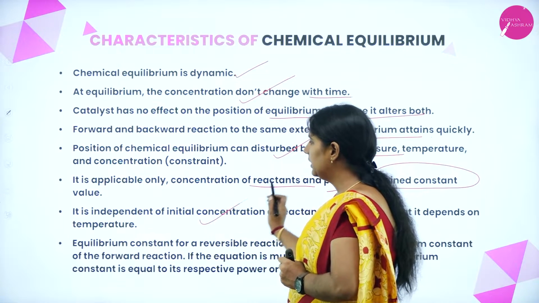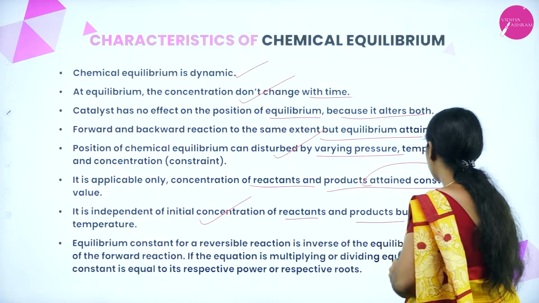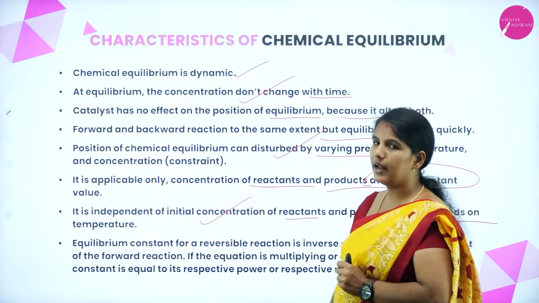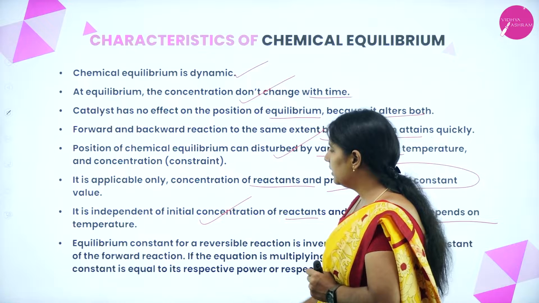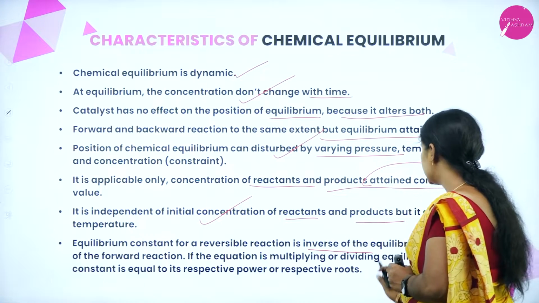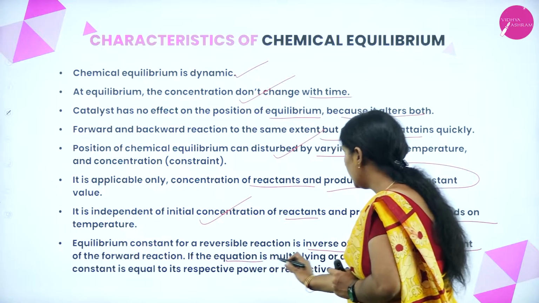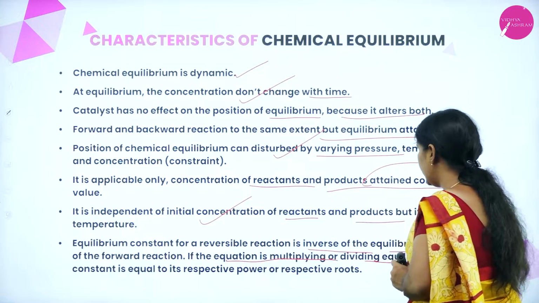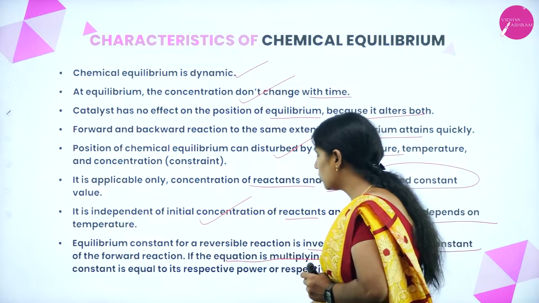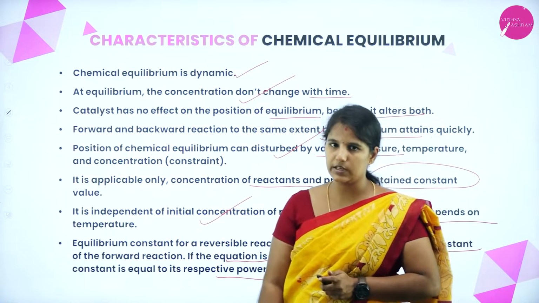The equilibrium constant is independent of the initial concentration of the reactant and the product, but it depends upon the temperature. The equilibrium constant for the reverse reaction is the inverse of the equilibrium constant of the forward reaction. If the equation is multiplied or divided, the constant values are raised to their respective powers or roots.